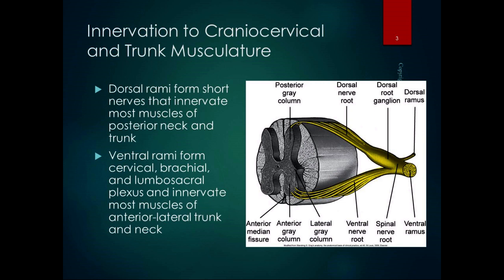So each segment is innervated by the spinal nerve of that segment. So there are not specific nerves and nerve roots that we have to remember for these like we did for the extremities, because each segment innervates its own neighborhood, if you want to think of it that way. So that makes it a lot easier, I hope.